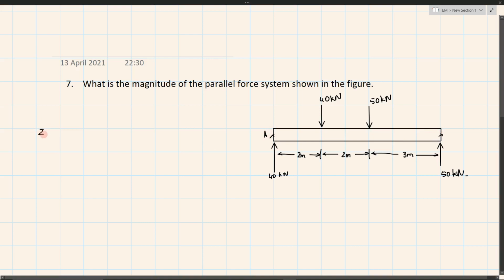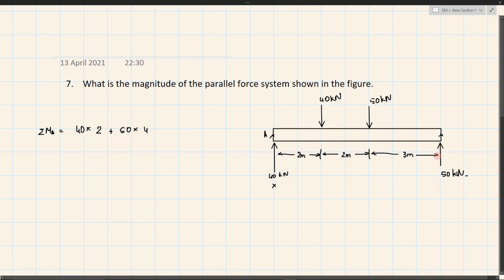So sigma MA is given by, the first 40 Newton force is passing through this point, so it contributes 0. It has no contribution to the moment about A. The second force is trying to rotate this body in clockwise direction, so I'll take it as positive. That is 40 into the perpendicular distance, which is 2. The second one is 50 plus 50 into the perpendicular distance, which is 4.